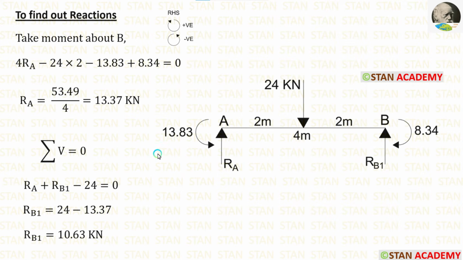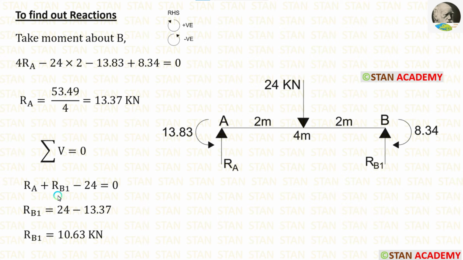Then we are having two moments. This moment is acting in the anticlockwise direction, so it will be negative, and this moment is acting in the clockwise direction, so it will be positive. Finally, we are getting RA equal to 13.37 kilonewton.